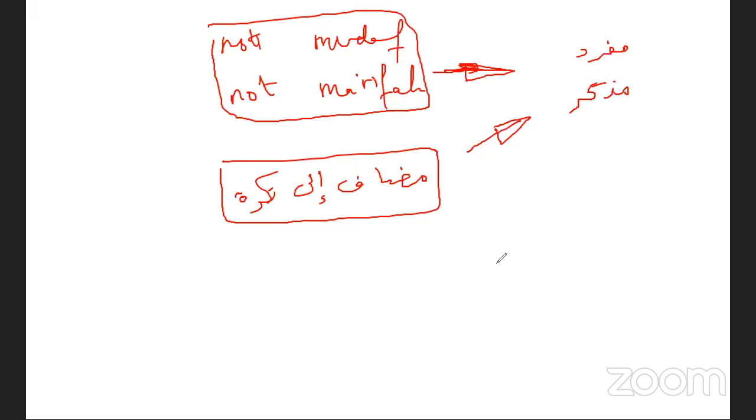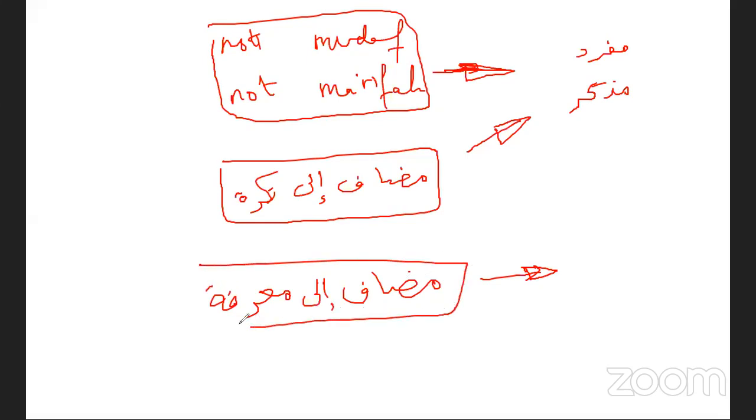The second situation of ism tafdil is when it is mudaf ila ma'rifah, مضاف إلى معرفة.